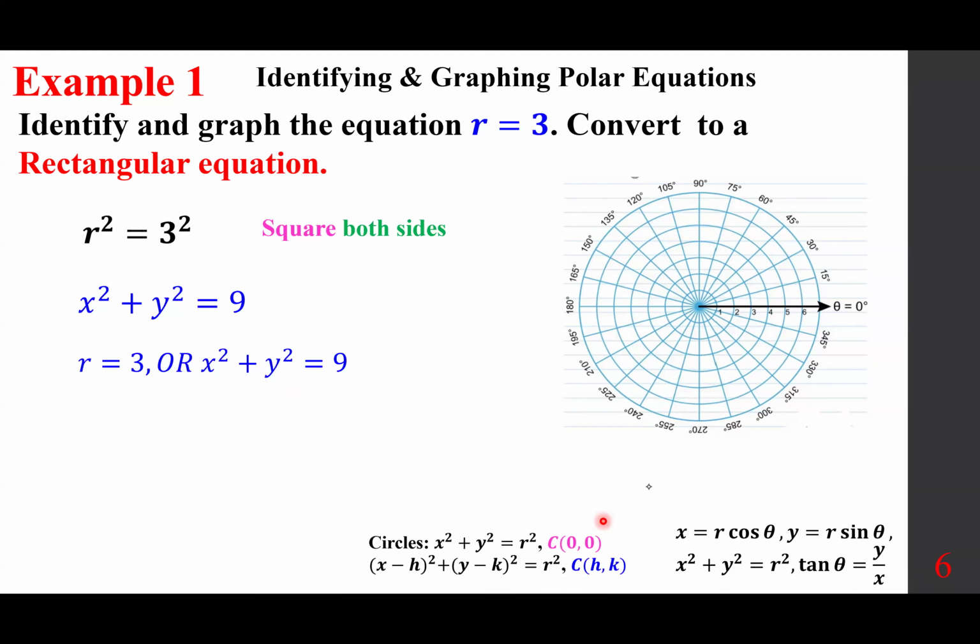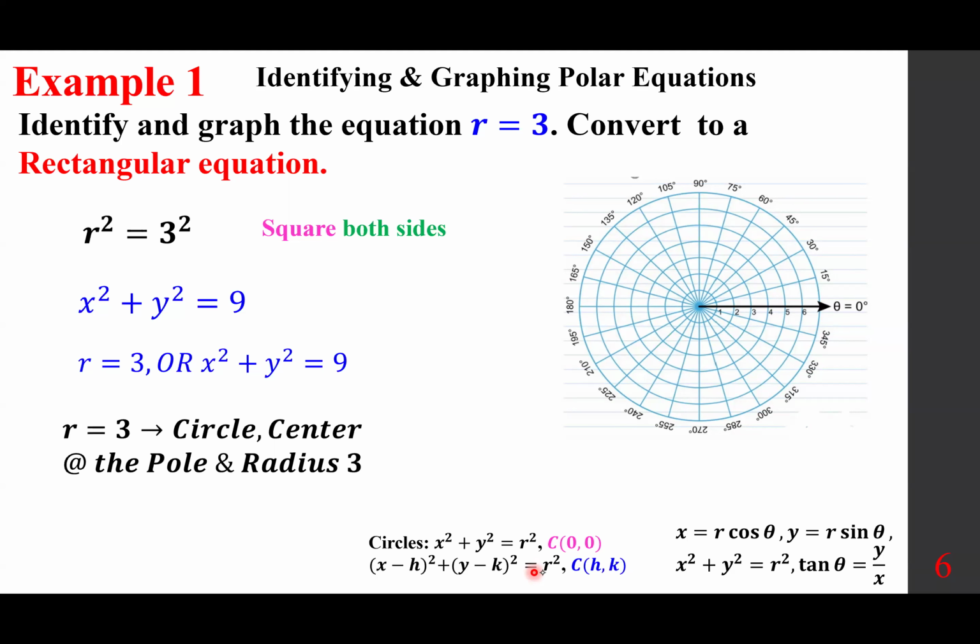Circle, reminding you that circles have the equation x squared plus y squared equals r squared, centered at 0, 0, and if it's centered at h and k, x minus h quantity squared plus y minus k quantity squared equals r squared. Therefore, we are looking at a circle which is centered at the origin or the pole, and r equals 3.